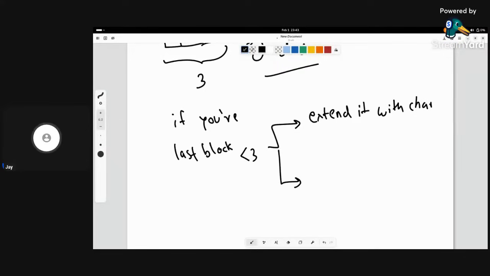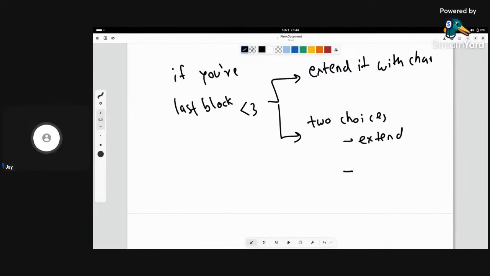Else you have two choices. Extend it with the same character. If it's a block of C's, then add one more C into it. Or what you can do is start a new block, with a new character.